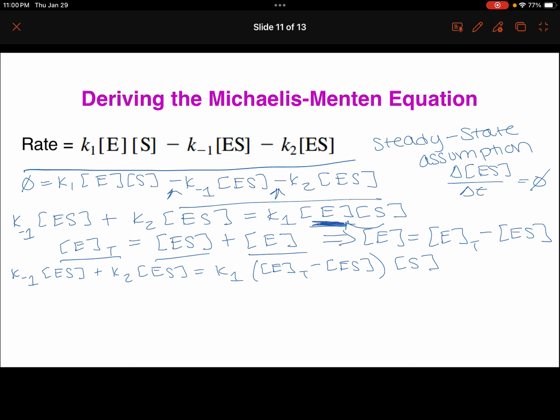So now we're just going to do some algebra. We're going to divide. So over here on this side, we are going to pull out our enzyme substrate complex because it is common with both of these terms. And then we're going to divide that over. But I'm going to do that step by step.